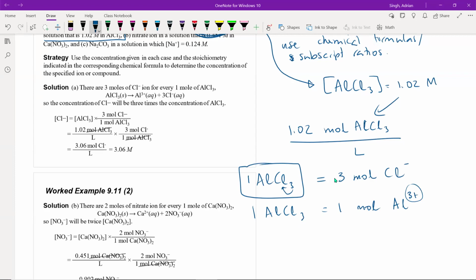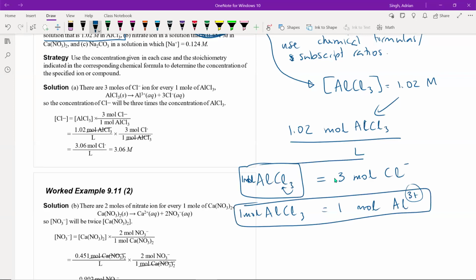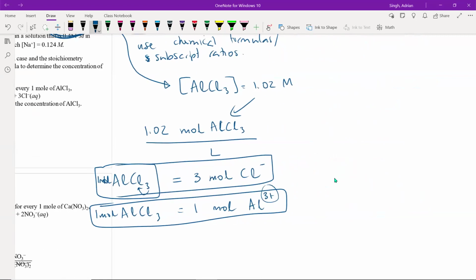So this is important because now we want to relate the aluminum chloride to the thing that we want, which is the moles of the chloride. We can get that from the chemical formula. So 1 mole of aluminum chloride, AlCl3, contains 3 moles of the chloride.